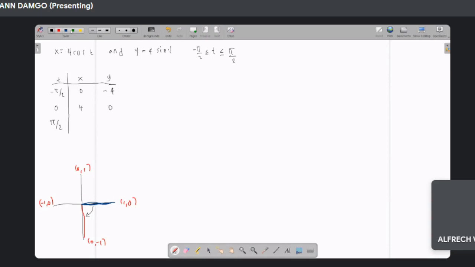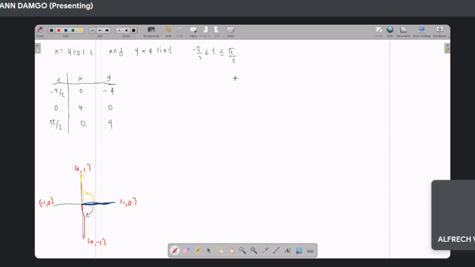Okay, so for pi over 2, it is here. So the coordinates are 0, 1. So x is 0, and then y is 1 times 4, which is 4.